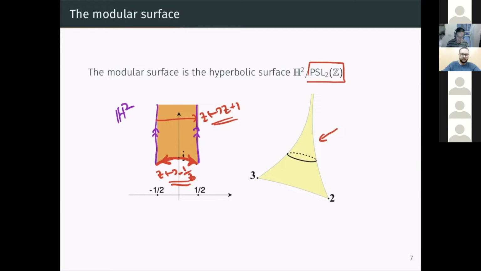It has two special points and one cusp at infinity. Maybe you're familiar with the fact that this modular surface is the space of all lattices in the plane. And there are two special lattices. This special point corresponds to square lattices, and this other point corresponds to these triangles.